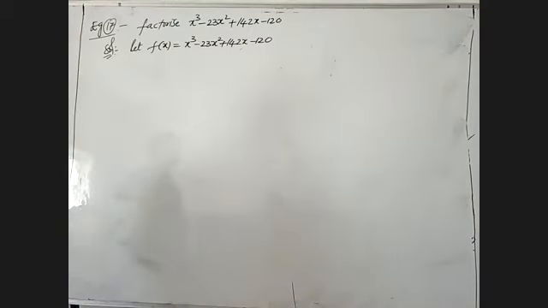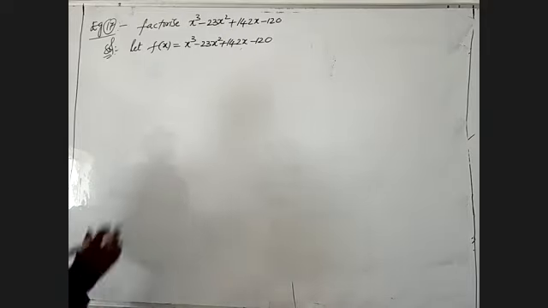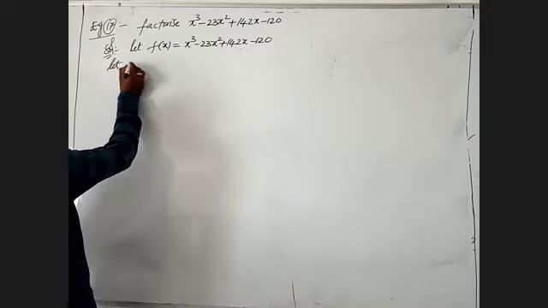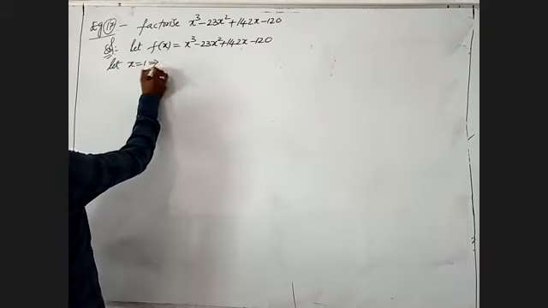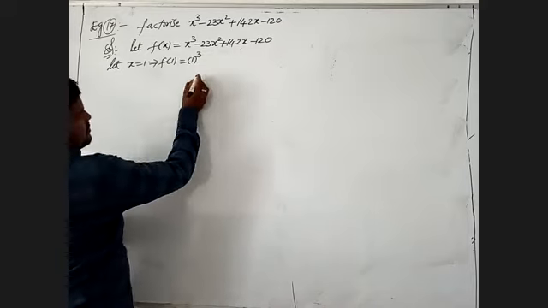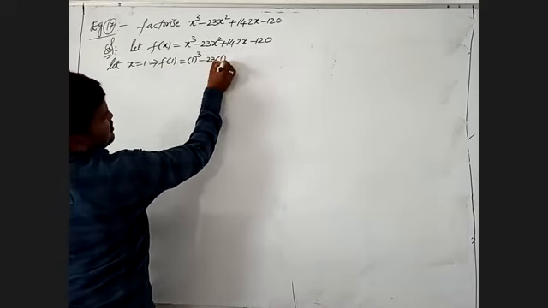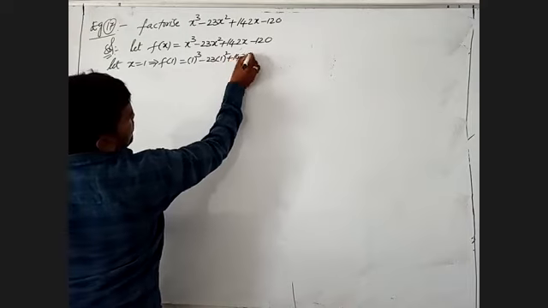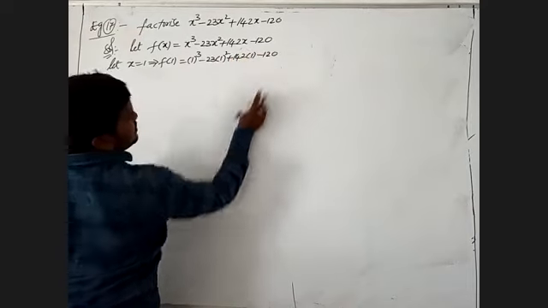If any value satisfies this, let us take x as 1. That implies f of 1 is equal to 1 cube minus 23 into 1 square plus 142 into 1 minus 120.